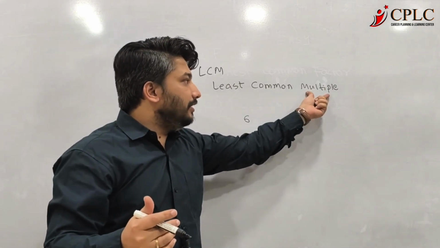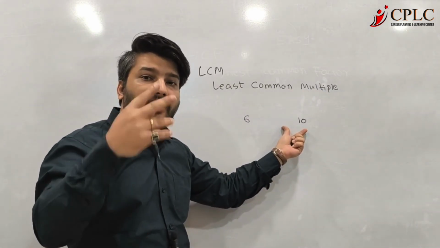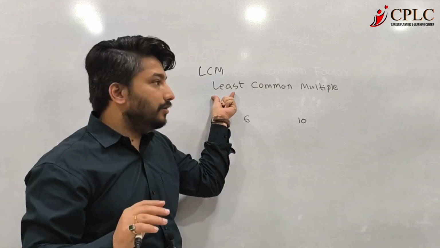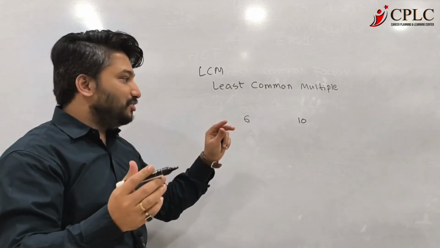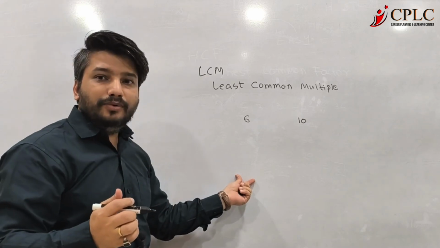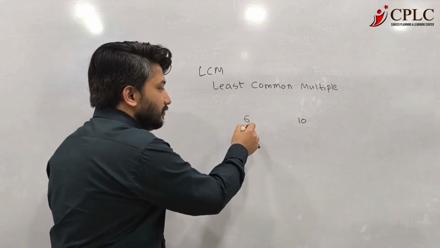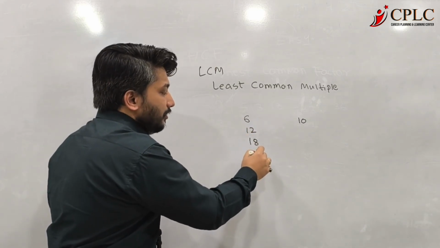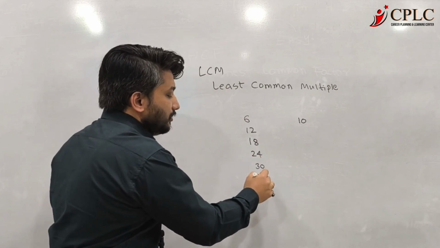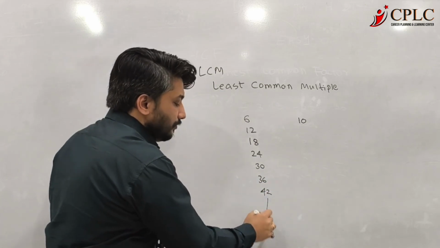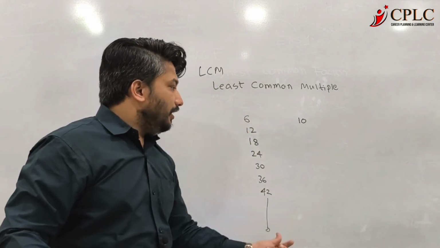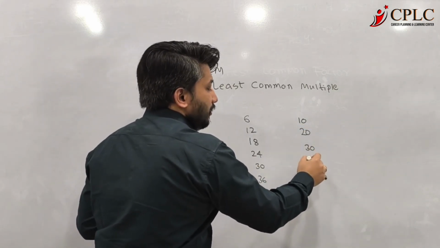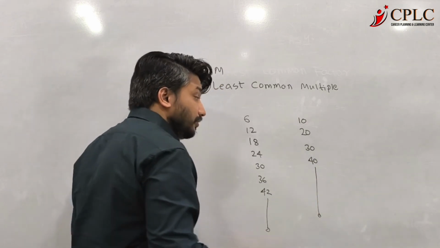As I said, multiple means the first number that comes in the tables of both 6 and 10, because it has to be the least, the smallest. So what I can simply do is write down tables of both 6 and 10. 6 ones are 6, 6 twos are 12, 6 threes are 18, 24, 30, 36, 42 and so on. If I write down the table of 10, 10 ones are 10, 10 twos are 20, 10 threes are 30 and 40 and so on.